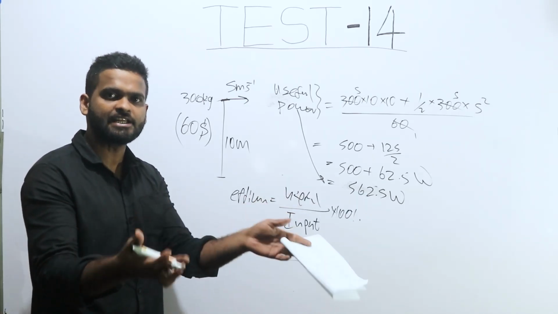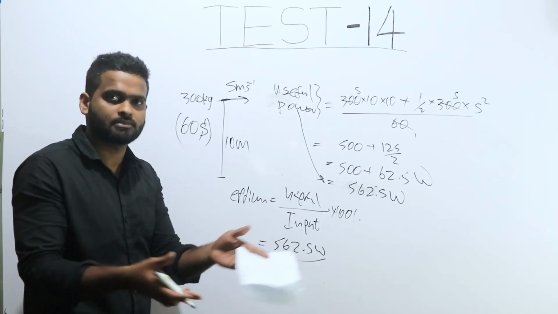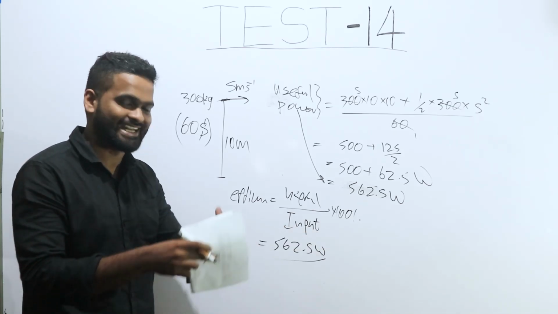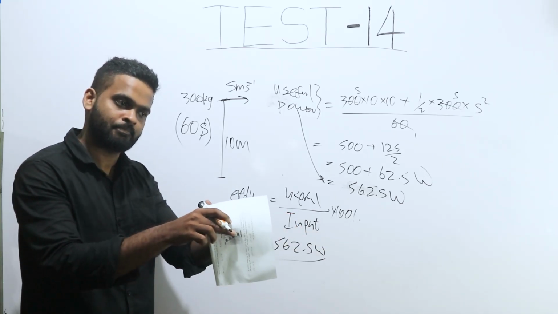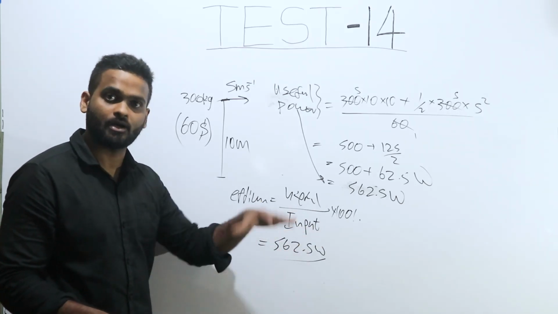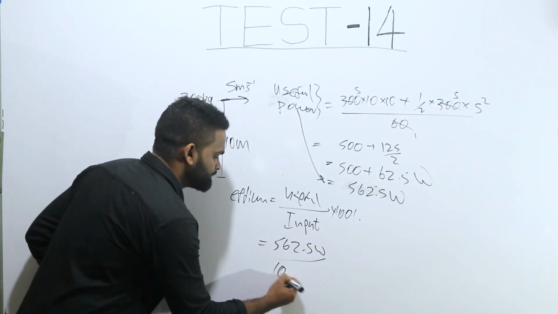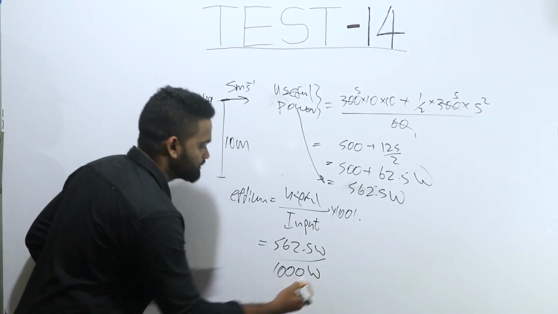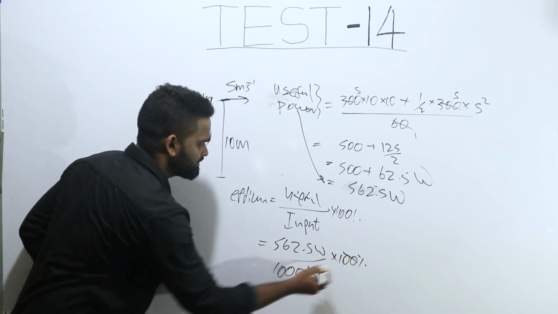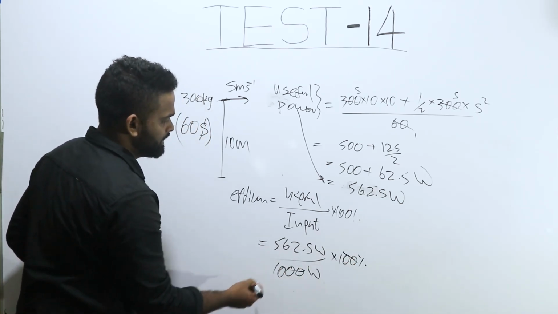We don't need heat from a motor. So that is dissipated, right? That energy is wasted. Only we need this much from 1000 watt. The power input is 1000. Then multiply by 100%. This 100 cancels off. Then what you get?